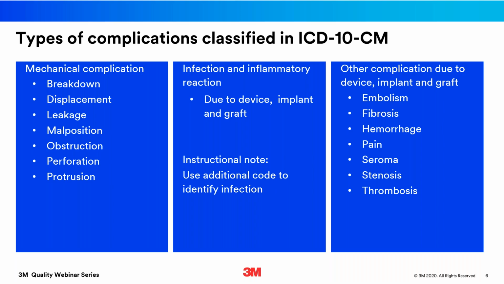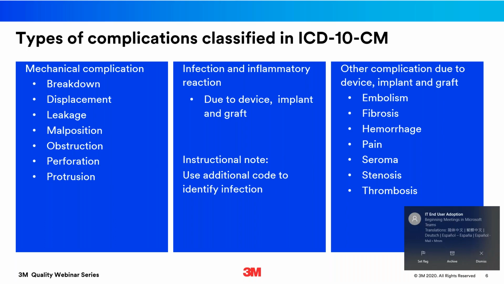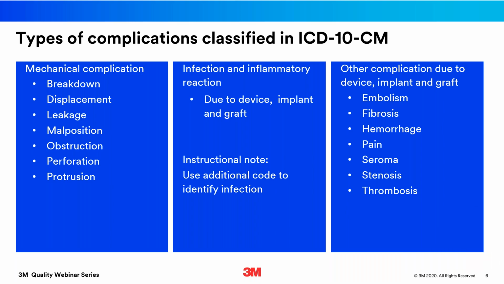The other types of complications that may be related to it are the body's reaction to the device. For example, you'll see here infection. So that's the body is having an infection due to the device. You'll have an instructional note on here regarding an additional code to assign if there is an infection.